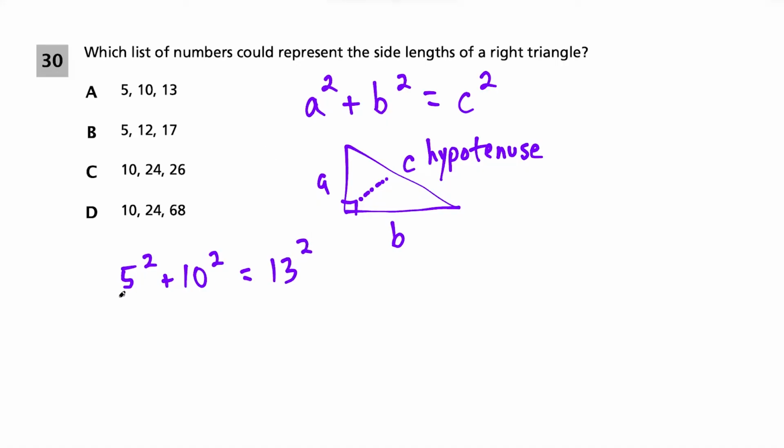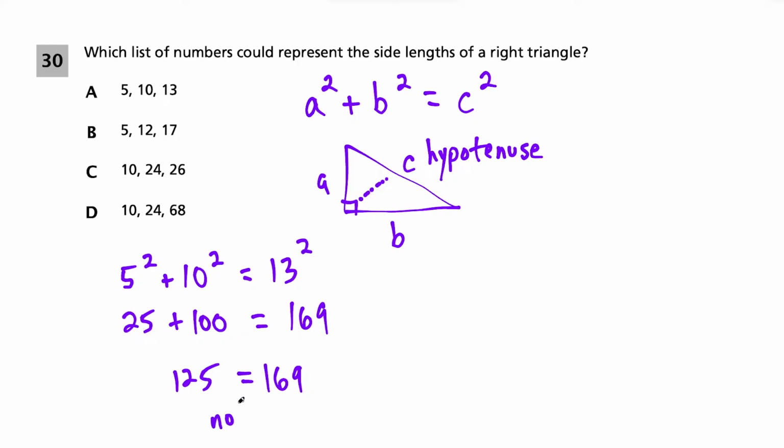The problem with this is that when I simplify, 5 times 5 is 25, plus 10 times 10 is 100, equals 13 times 13 is 169. On the left side, I get 125, and on the right side, I have 169. This is not true. So this tells us that A is out.